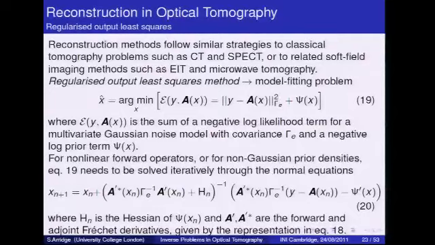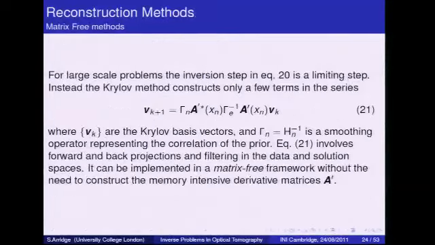But when you start dealing with large-scale problems, as many people know, when we start to invert with a very large number of variables, this becomes somewhat infeasible because we have a very large matrix to invert. So we prefer to look for other methods. And one we found particularly appealing is the Krylov method, where we construct an initial Krylov basis vector, which is just the gradient of the objective function.